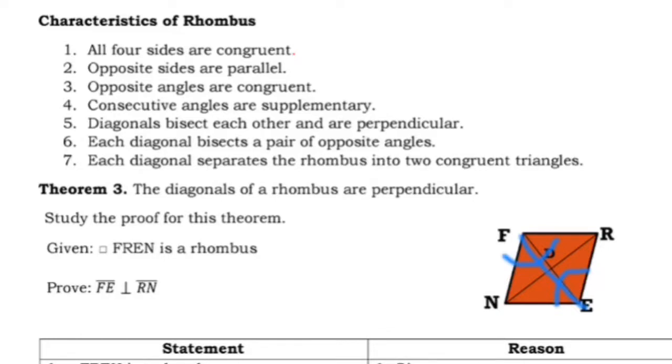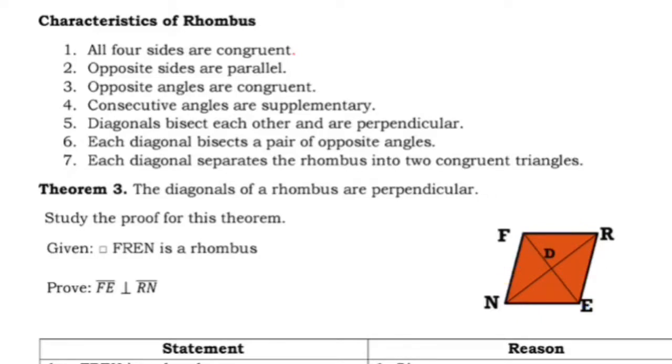And if we're going to have this diagonal RN, it bisects angle N and angle R into two congruent parts. 7. Each diagonal separates a rhombus into two congruent triangles. So just the same with a rectangle.